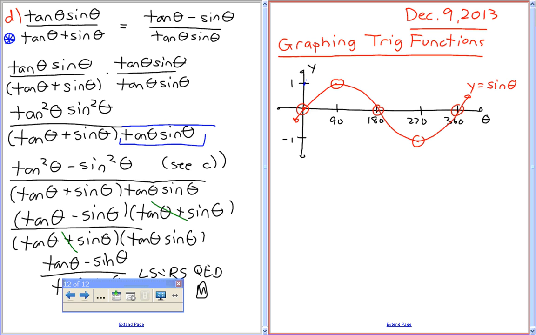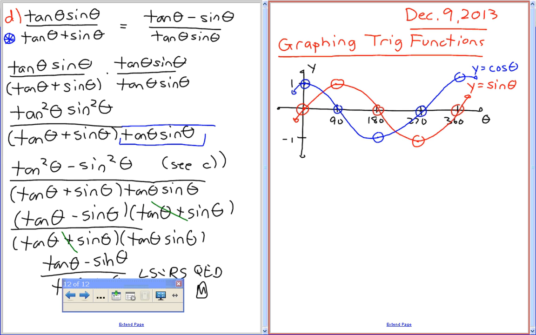I'll put them both on the same graph. And blue is y equals cosine theta. This was sort of in the notes, but I want to make sure that this is good for everybody. A lot of this stuff is the same about these two graphs. Let's do similarities and differences.